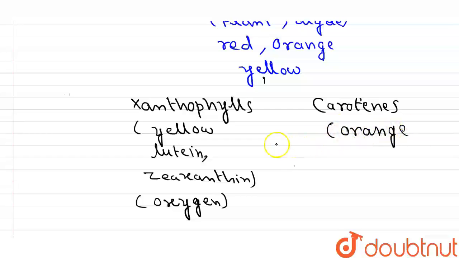The carotenes include beta carotene and lycopene.